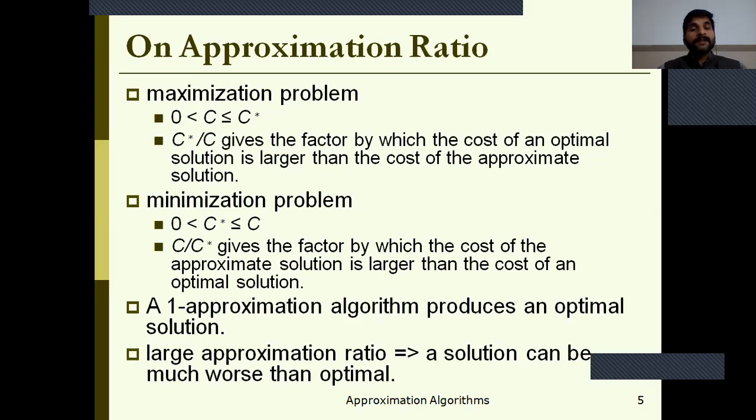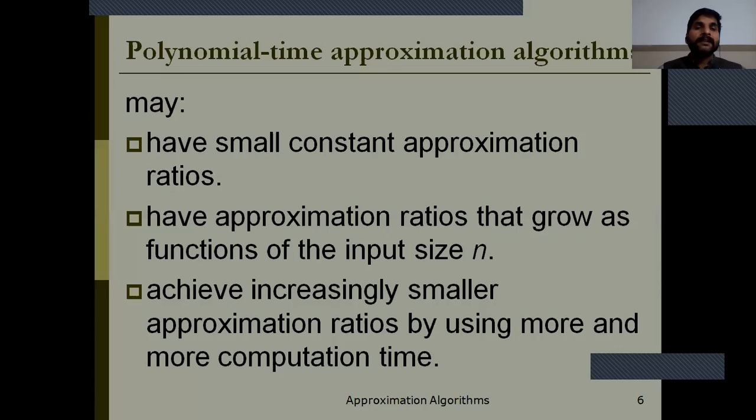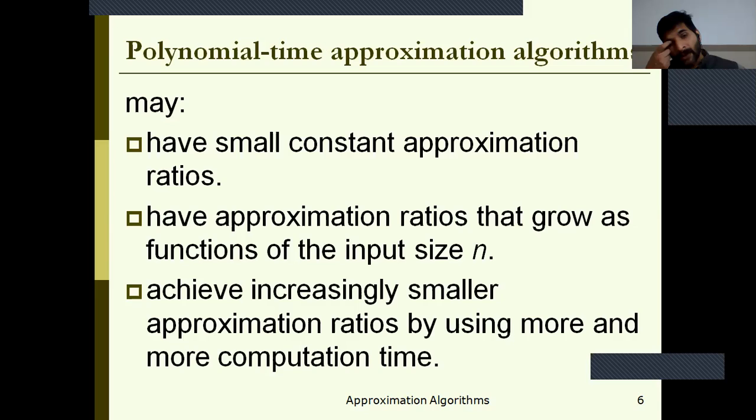An approximation algorithm may not produce an optimal solution. With a large approximation ratio, a solution can be much worse than optimal. This condition is possible. Some algorithms have a small constant approximation ratio, and some have an approximation ratio that grows as a function of the input size, because the approximation ratio is affected by the input size n.